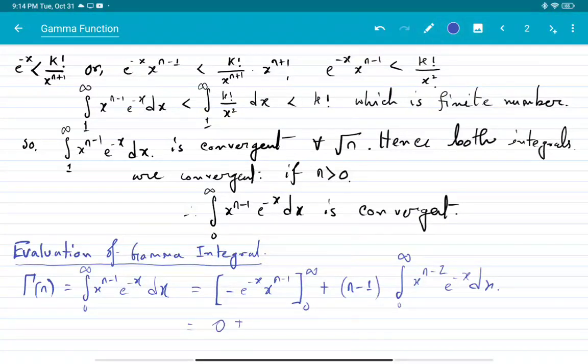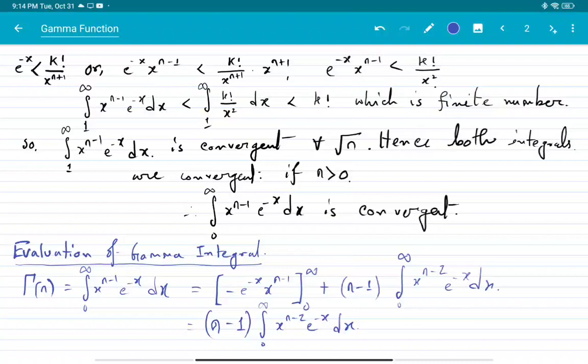This value is 0. So we are left with n minus 1 times the integral from 0 to infinity of x to the power n minus 2 e to the power minus x dx.